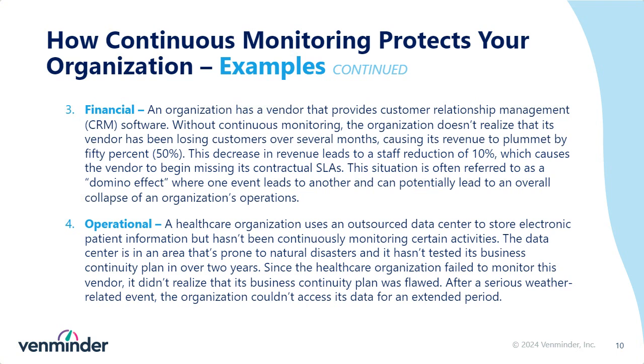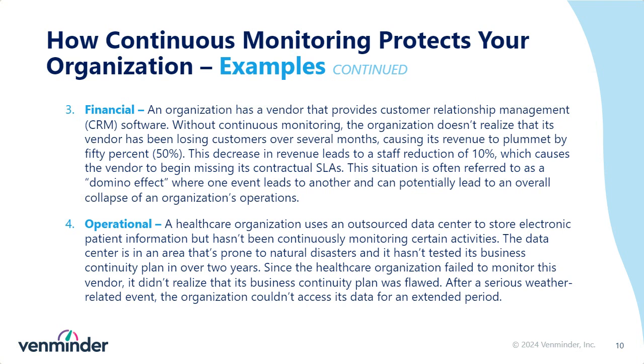This decrease in revenue leads to a staff reduction of 10%, which causes the vendor to begin missing its contractual SLAs. This situation is often referred to as a domino effect, where one event leads to another and can potentially lead to an overall collapse of an organization's operations.